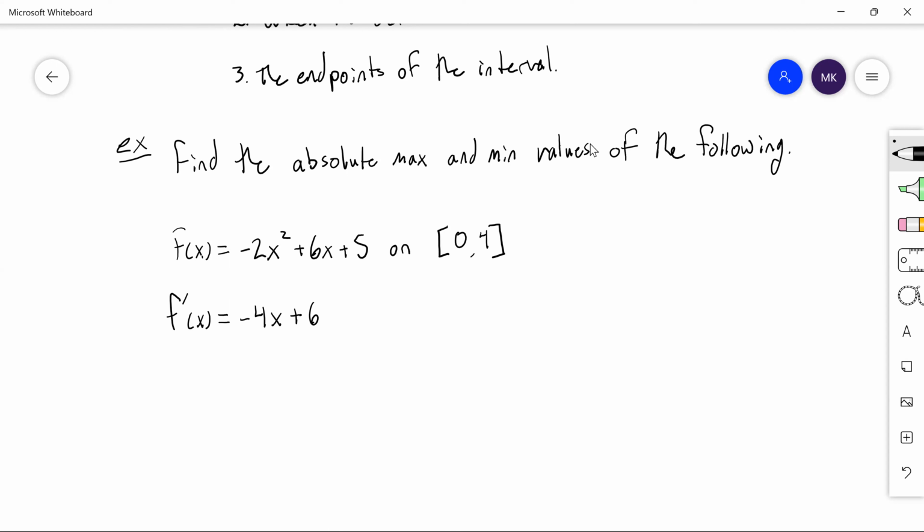So now we need to solve when f prime of x equals 0. And that gives us x equals 6/4 or 3/2.